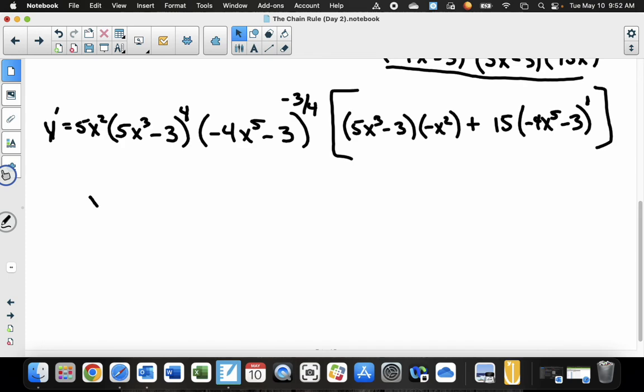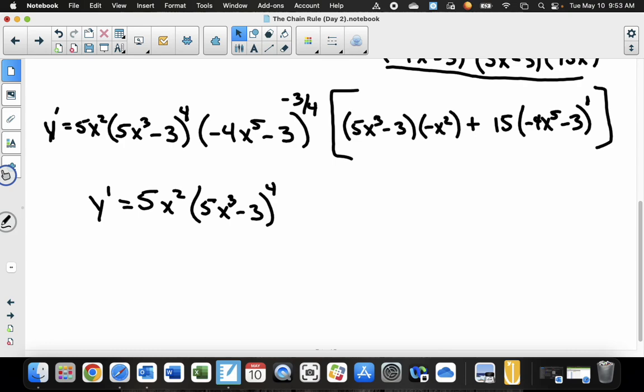We've got y prime equal to 5x squared, times the quantity 5x cubed minus 3 raised to the 4th power, times the negative 4x to the 5th minus 3 raised to the negative 3/4 power. And now, just like you've done on previous problems, distribute the negative x squared, distribute the 15, and then just combine your like terms, whatever you end up with.